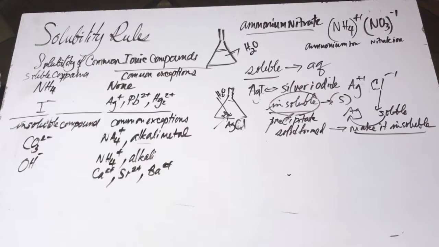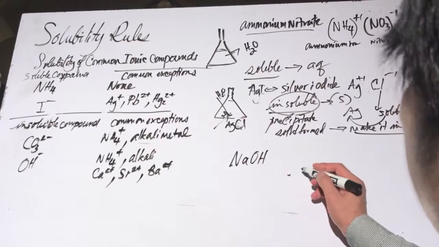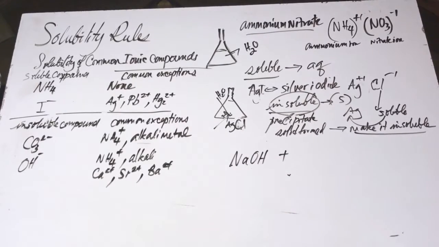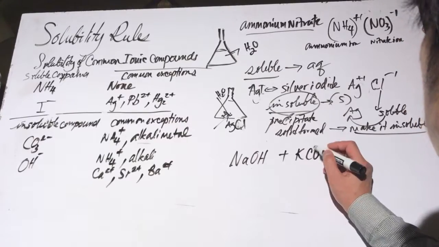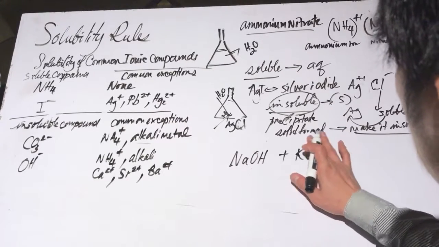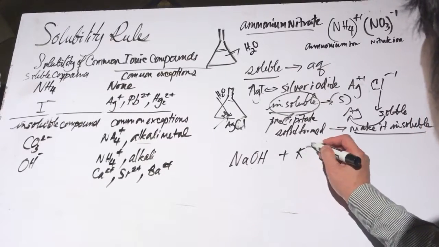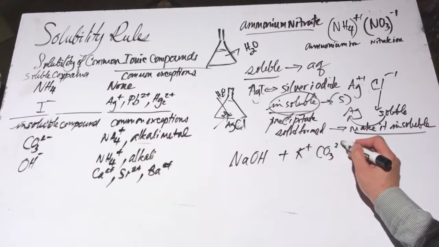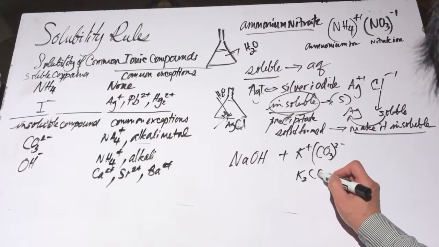I'm going to mix sodium hydroxide with potassium carbonate. So this is sodium hydroxide, potassium plus carbonate. When I do crisscross, this is it.